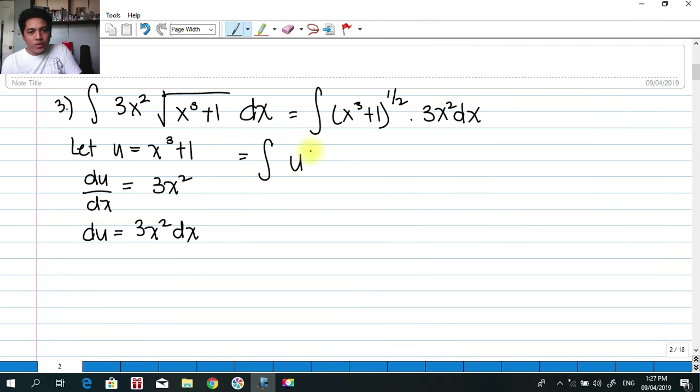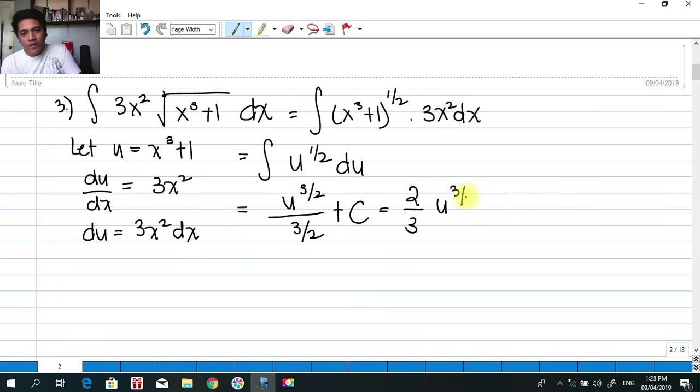So u raised to 1/2 times du. The integral is u raised to 3/2, because 1/2 plus 1 is 3/2, over 3/2 plus c. Simplifying, 2/3 of u raised to 3/2 plus c.